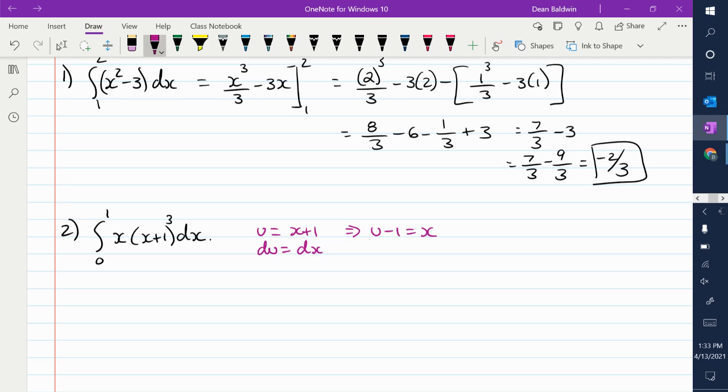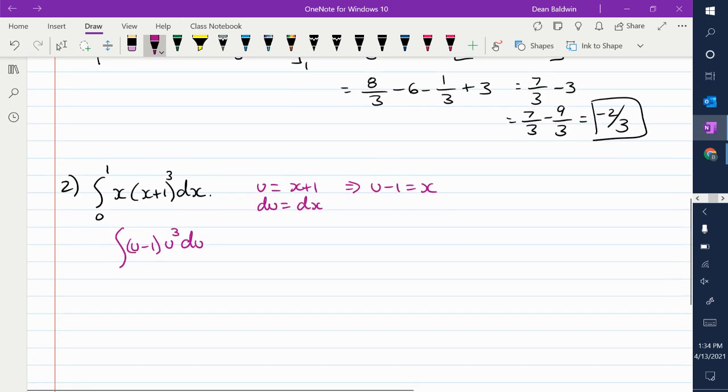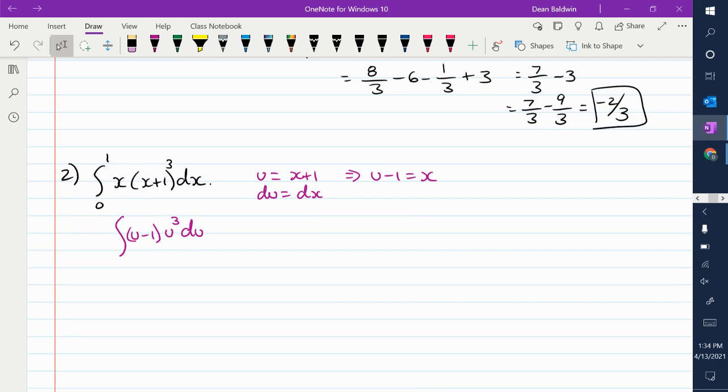So you sub all that in, and we get the integral. I get that, right? Does everybody agree?